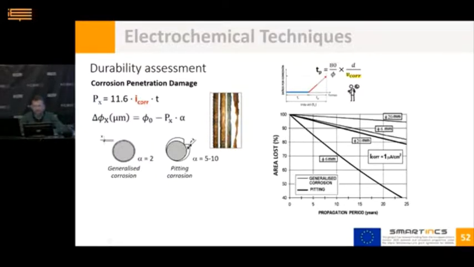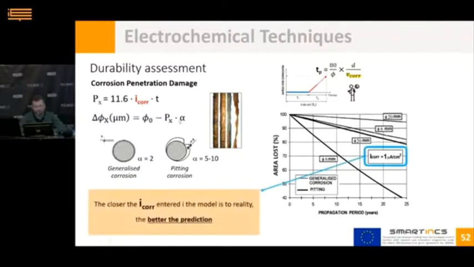To reliably calculate the corrosion section loss, we must know the reinforcement diameter and the penetration factor alpha, which is obviously higher for pitting corrosion. And the most important, we should introduce a corrosion density value as accurate as possible.